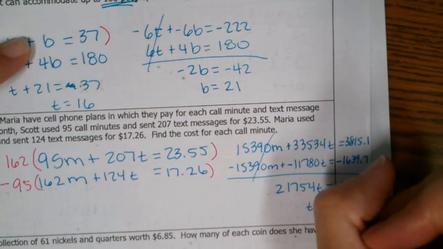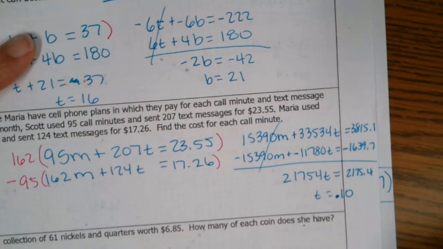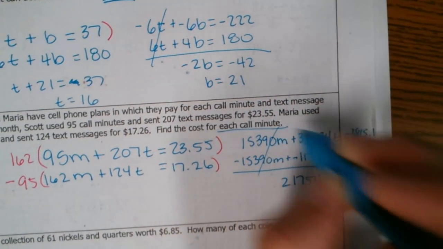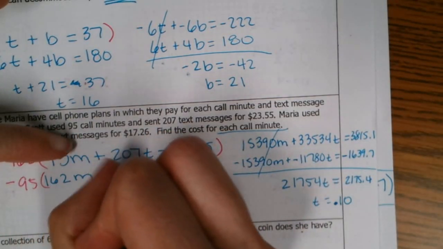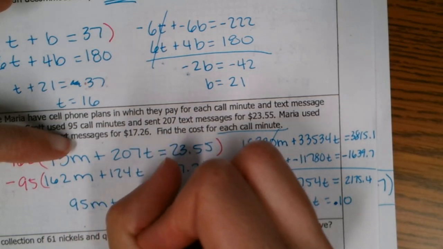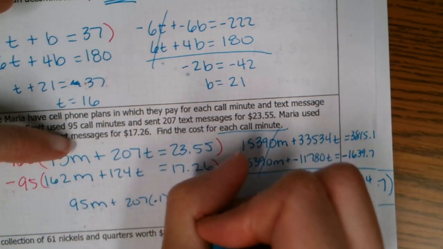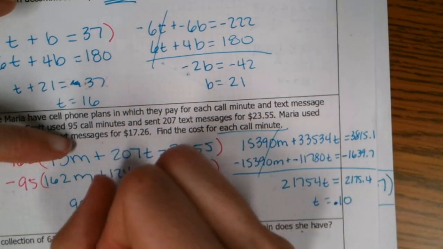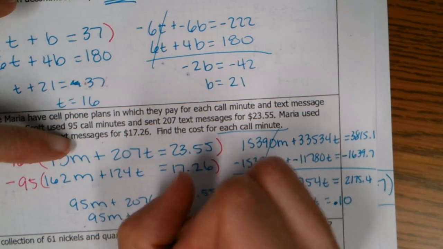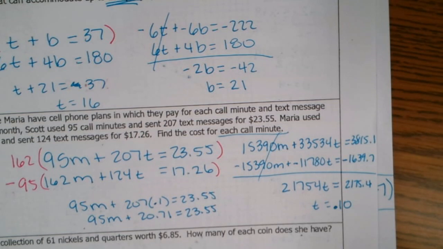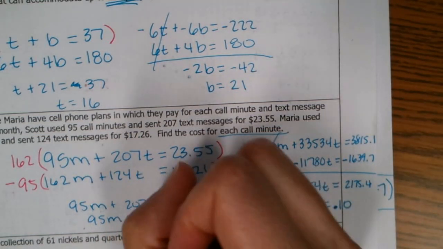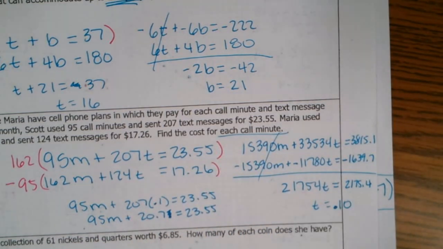So our text messages cost 10 cents. And we need to find the cost for each call minute. So I'm going to plug that back in. 95M plus 20.7.